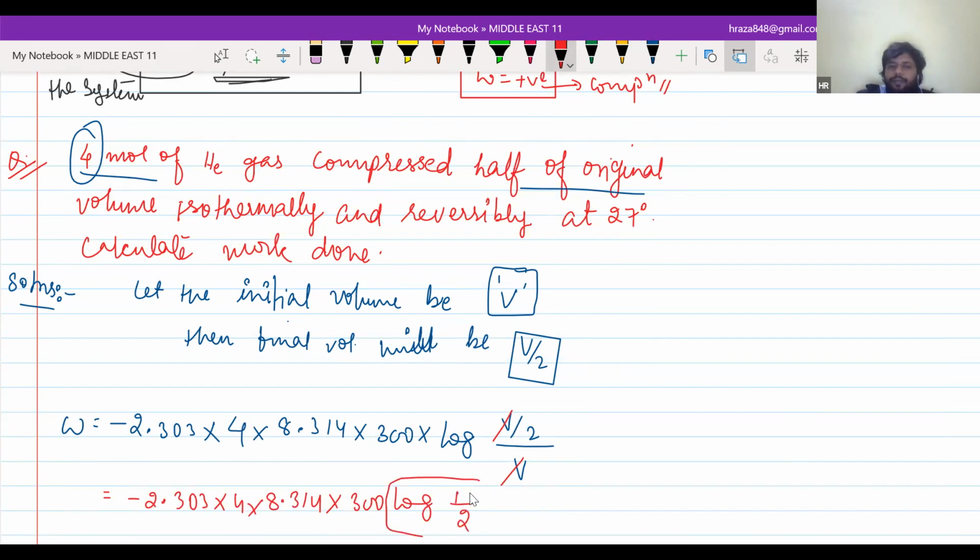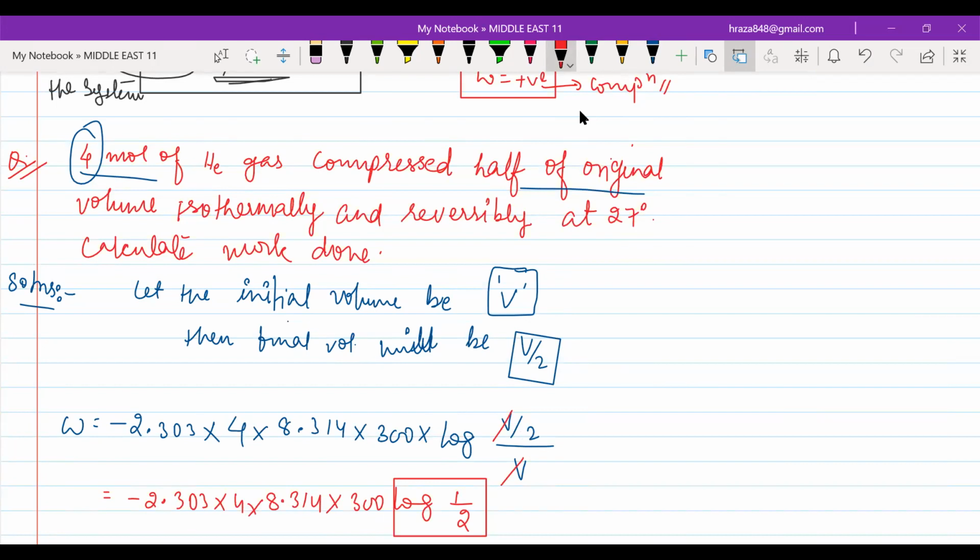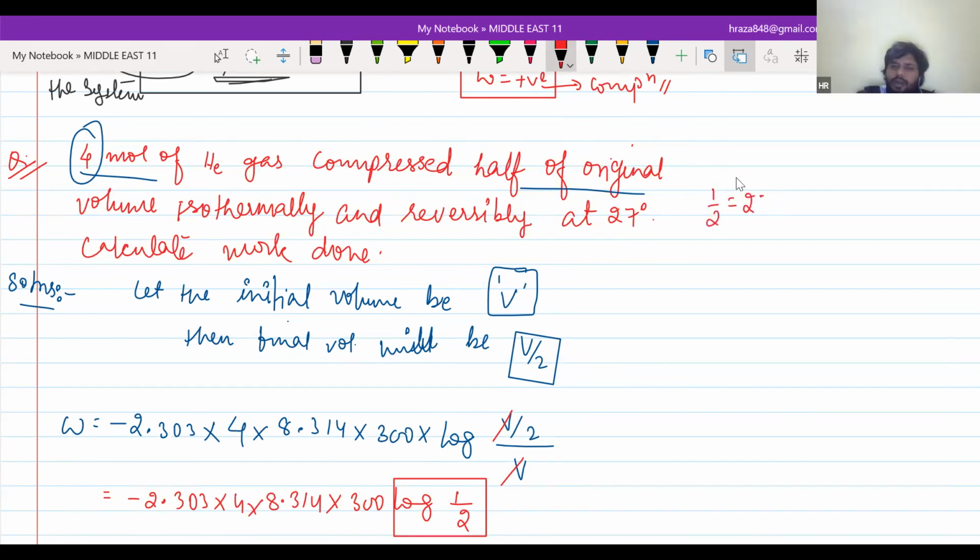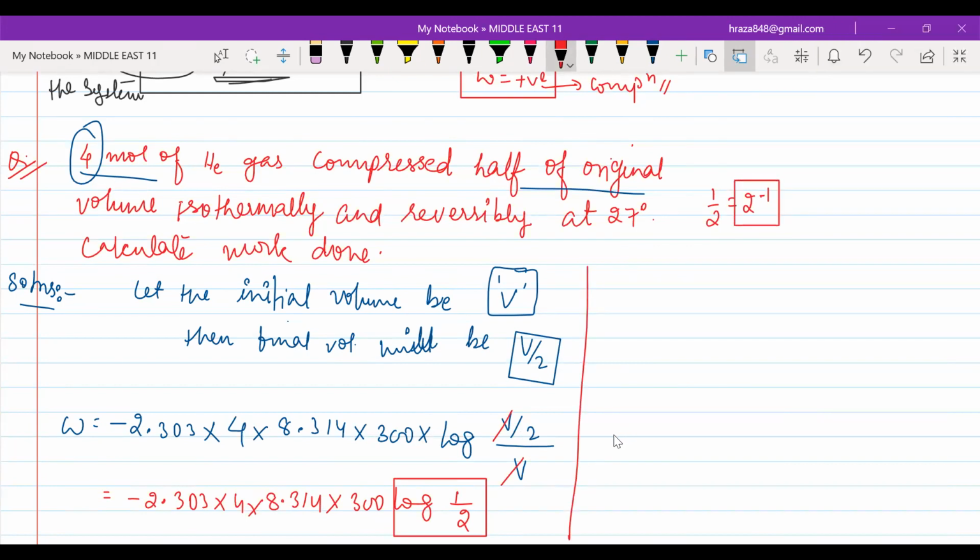Can I write 1 by 2 as 2 raised to the power minus 1? Yes or no? Can I write this, Fawaz, Krishna? Yes, sir.